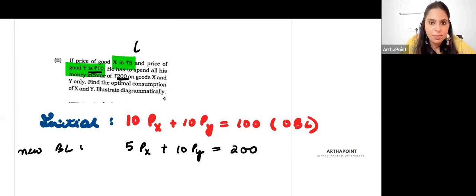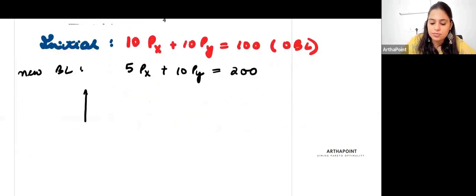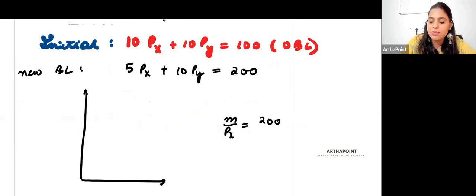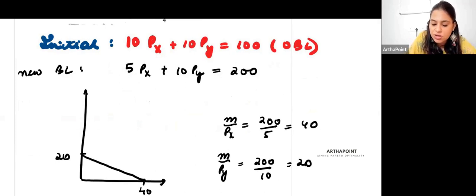Now just draw the budget line for now. So what will be your budget line now? So what is M by PX? It is 200 by 5, which is 40. M by PY, 200 by 10, which is 20. Right? So I will have 40 here, 20 here, and this will be my budget line.